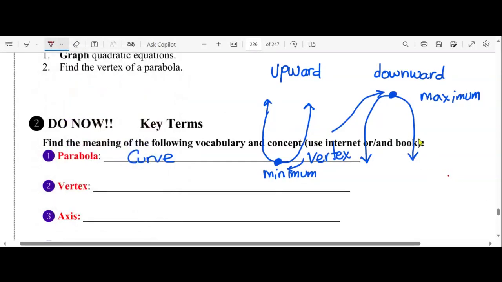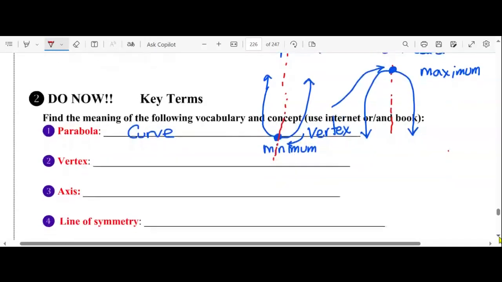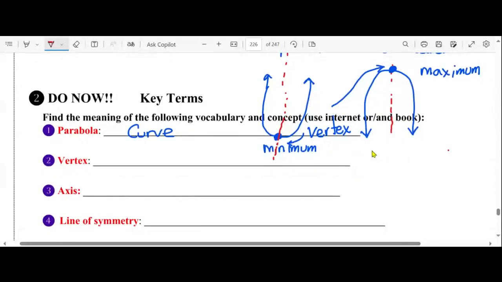Now, this line here, if you find out its value according to x, they call it line of symmetry.